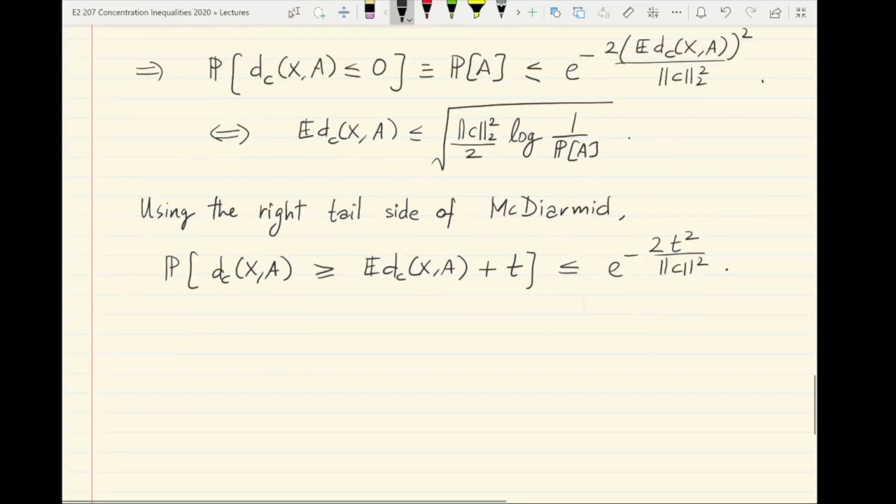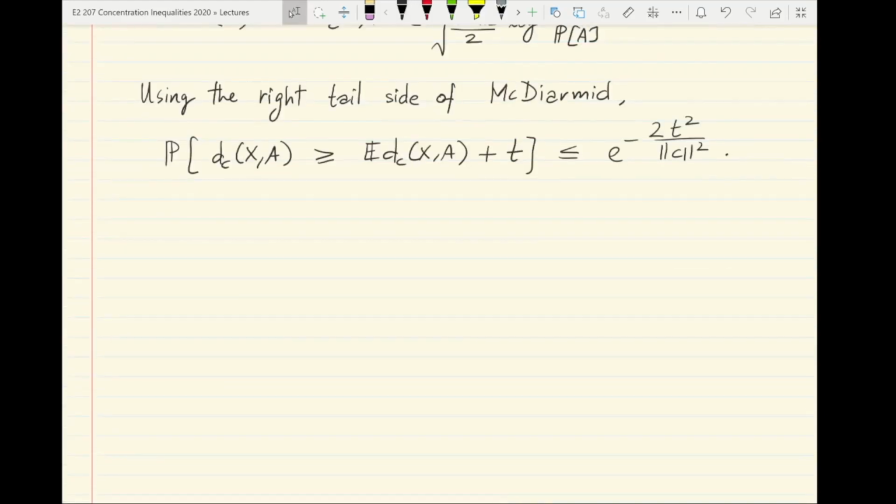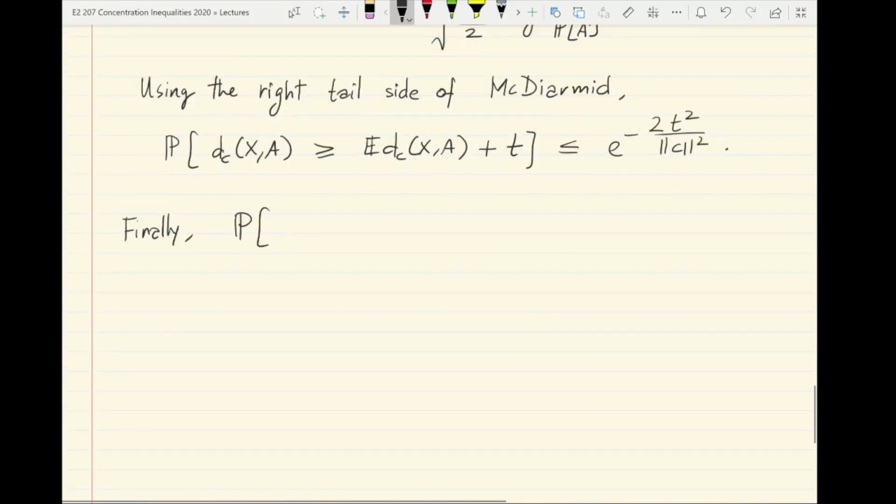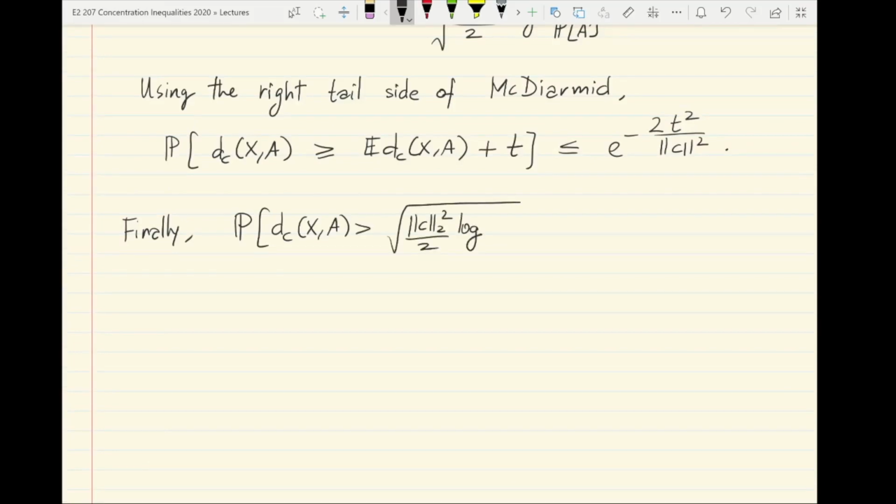And finally, if we combine both of these results, we get that the desired probability in star on the left hand side is the probability that dcxa is greater than the square root of norm c square by 2 log 1 by p of A plus t.